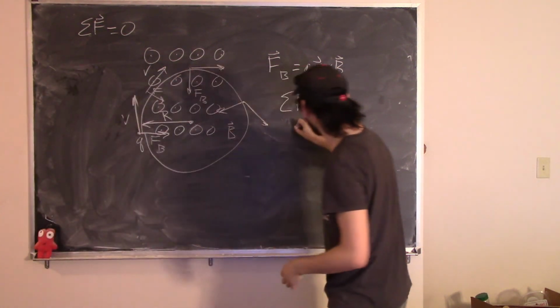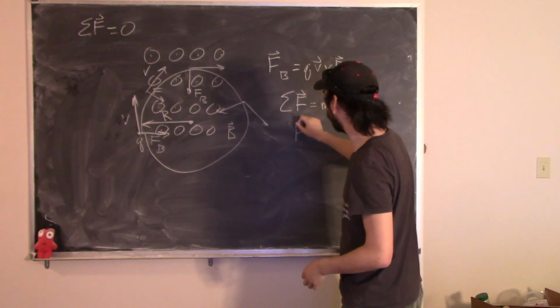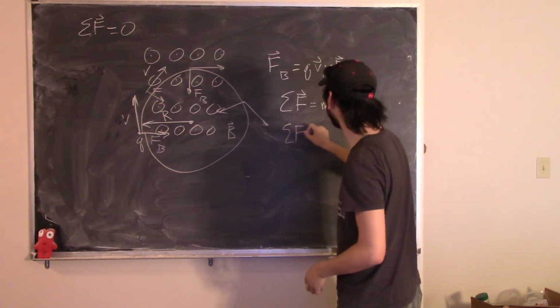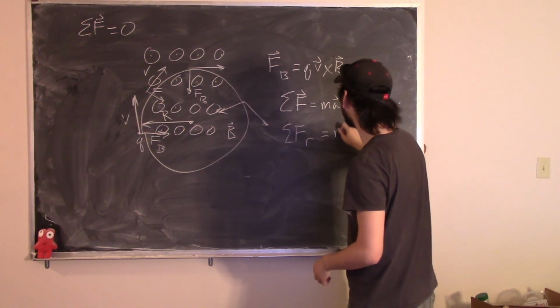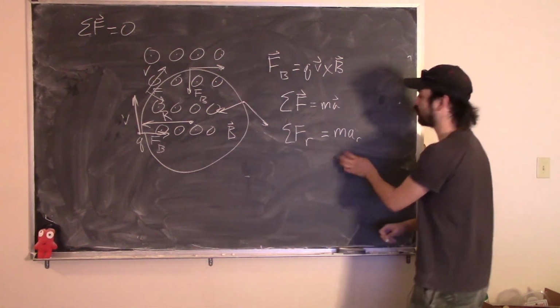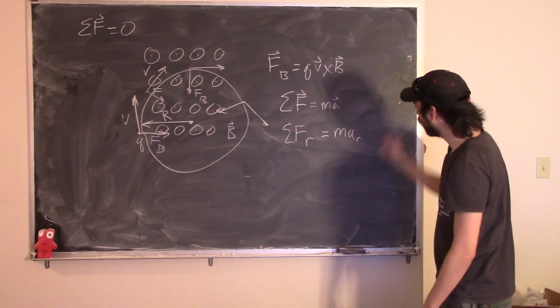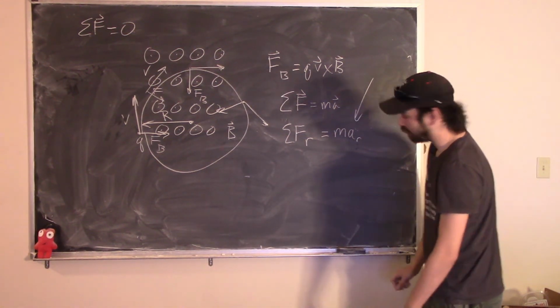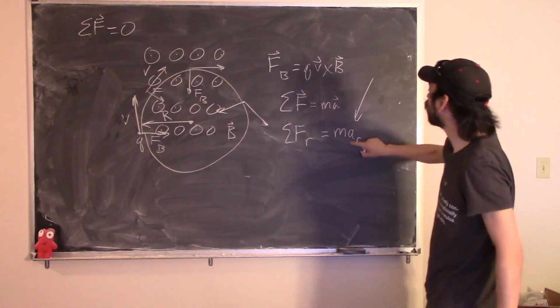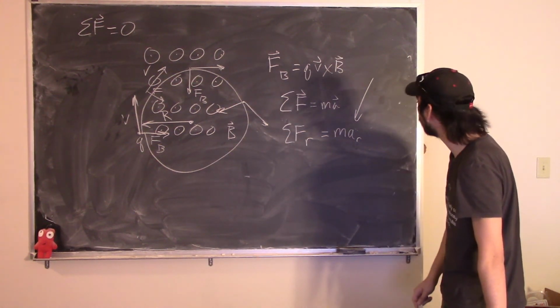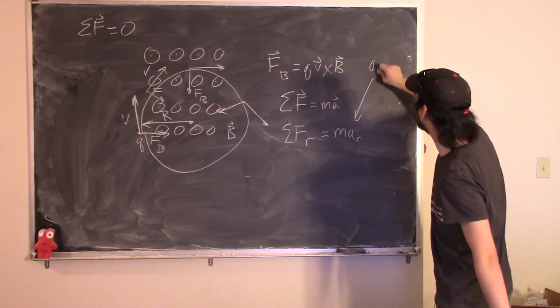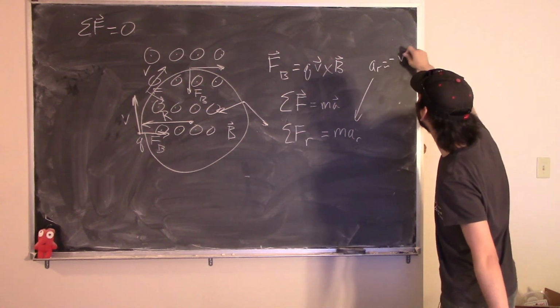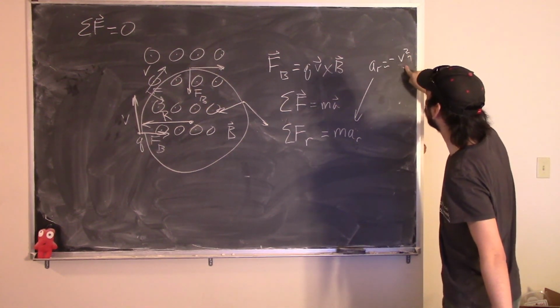So what I can say is that the sum of forces in the radial direction is equal to the mass times the acceleration in the radial direction. And then we can remember from last semester for circular motion, the acceleration in the radial direction, a_r, is just going to be minus v squared divided by r. Okay.